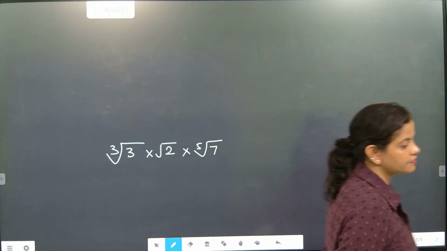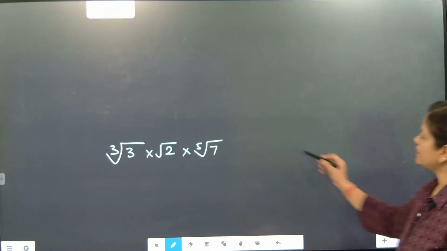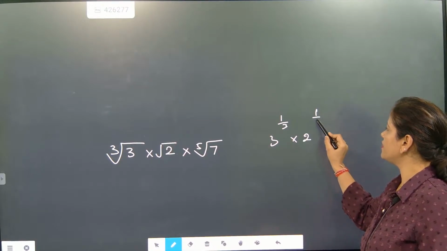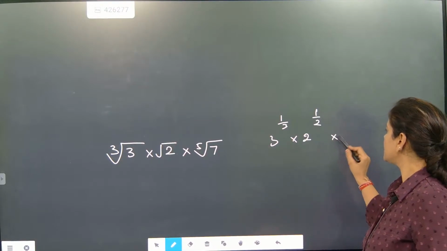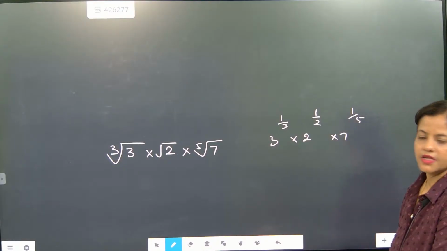Come on, go for it. What are you going to write? 3 to the power 1 by 3 into 2 to the power 1 by 2 into 7 to the power 1 by 5. Correct? Then what are you going to do?